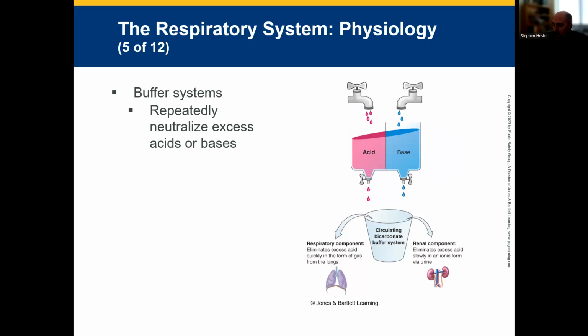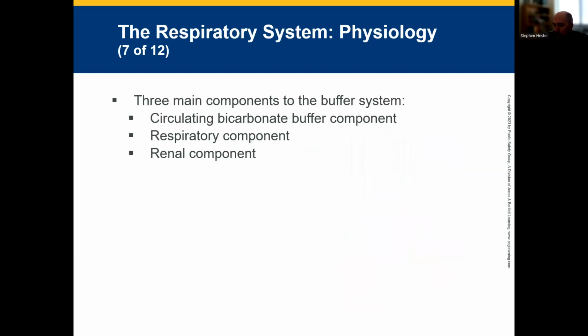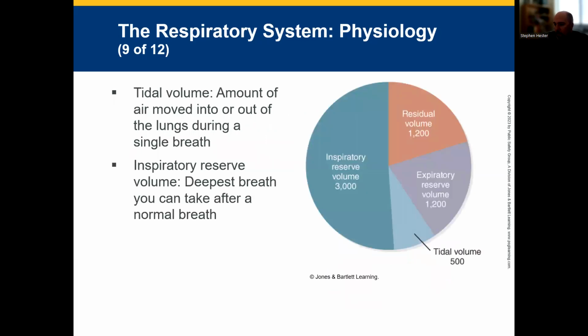Our buffer system and renal control system are important, with our kidneys and how they help keep us at a neutral base, our neutral 7. Tidal volumes, we'll talk about that later when we're doing respiratory. Try not to over exert our tidal volumes in the lungs.